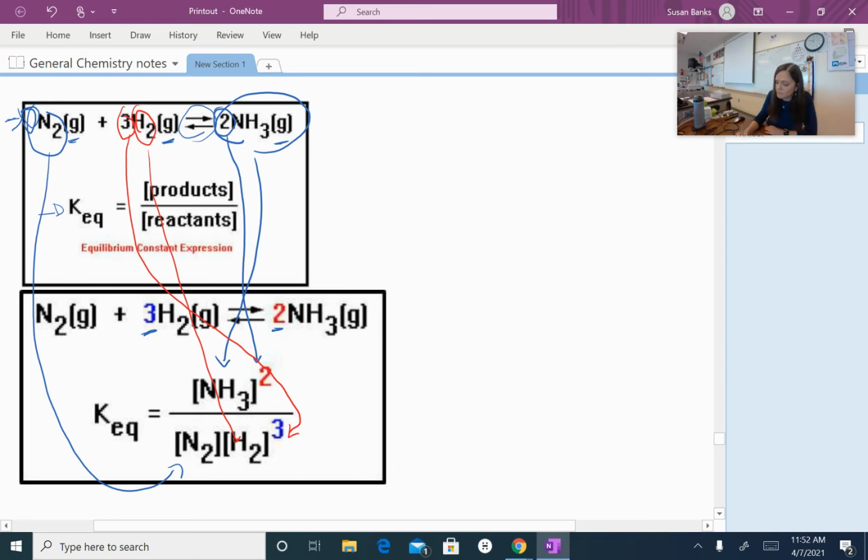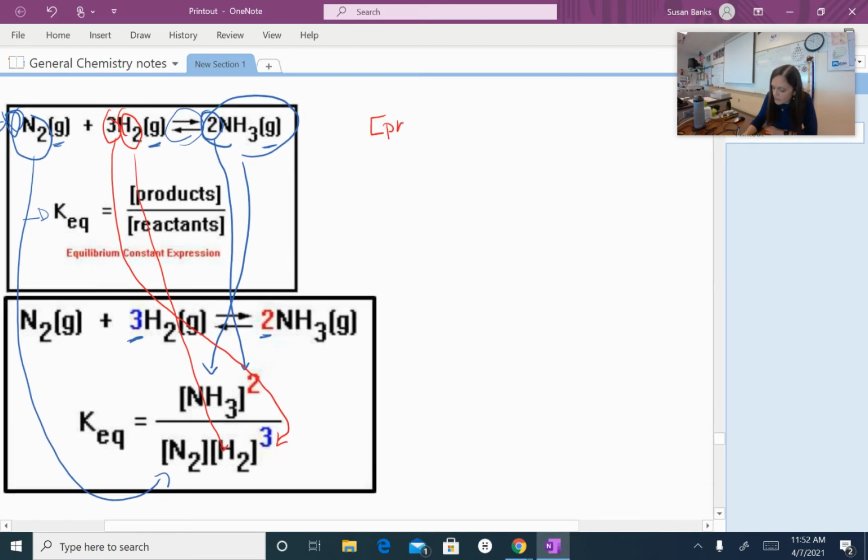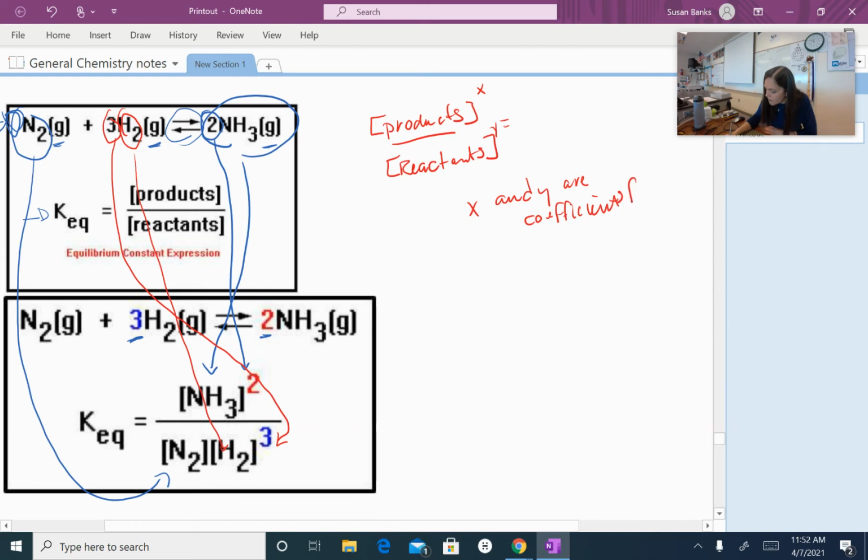So remember, we have our products on top. We have our reactants on the bottom. And our coefficients, x and y, are coefficients from the balanced equation.